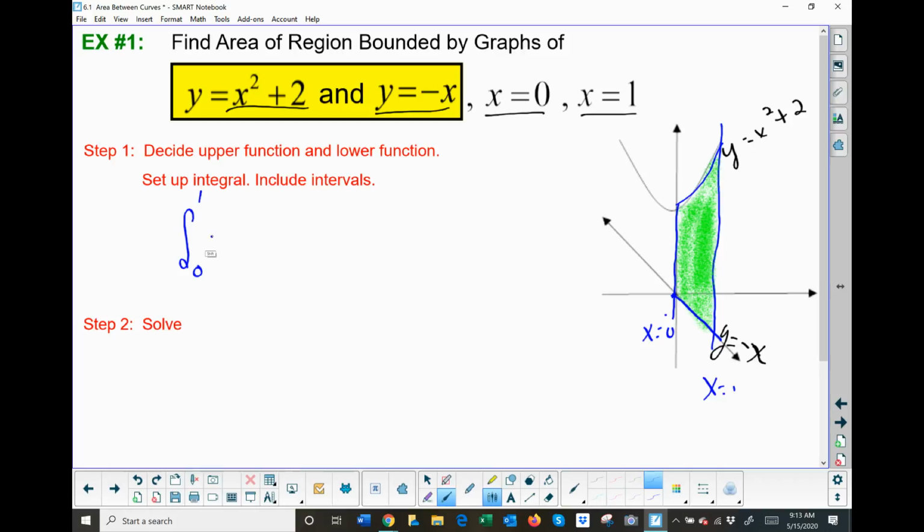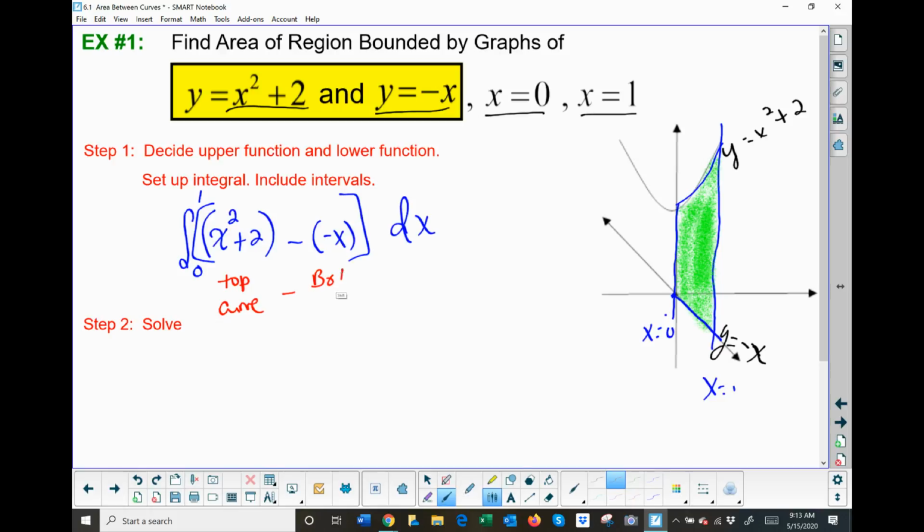Our top function is x squared plus 2 minus the bottom function, which is negative x, multiplied by the width dx. So if you want, you can think of this as top curve minus bottom curve.